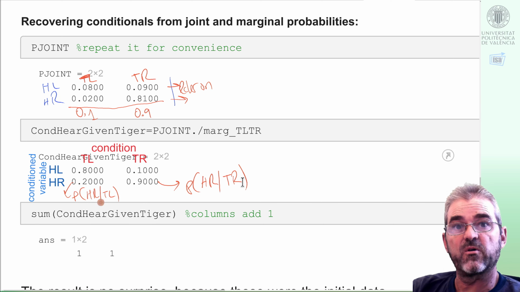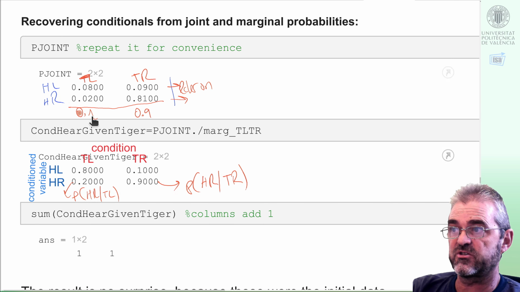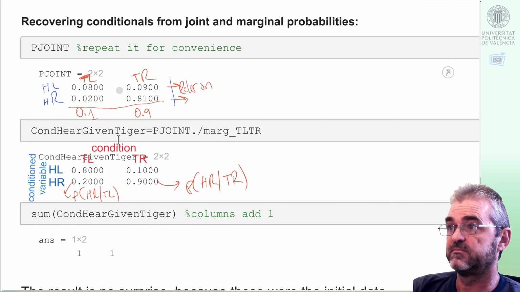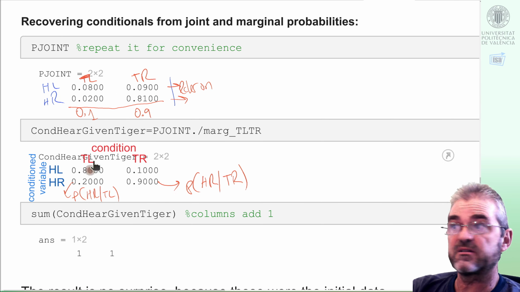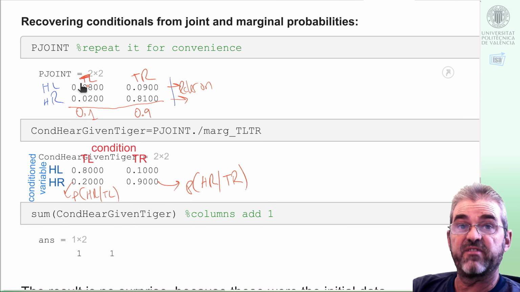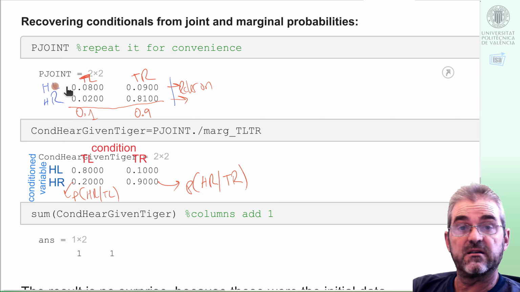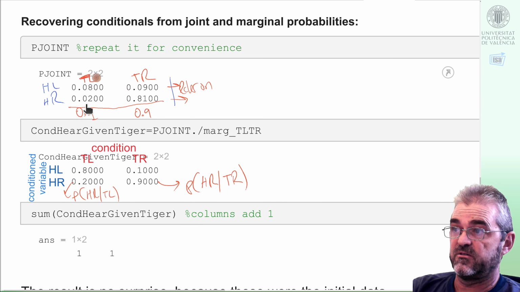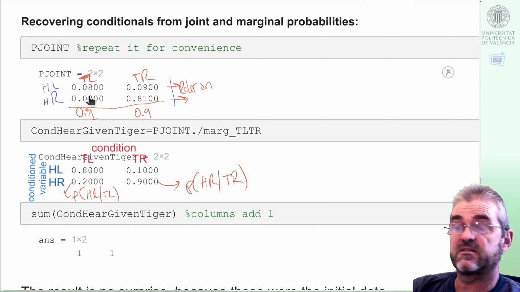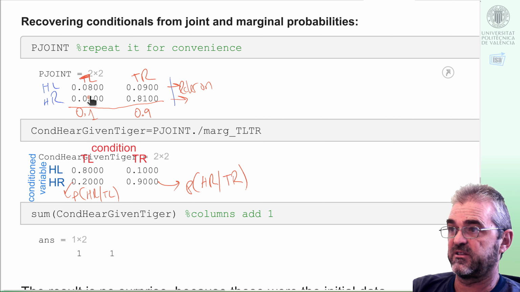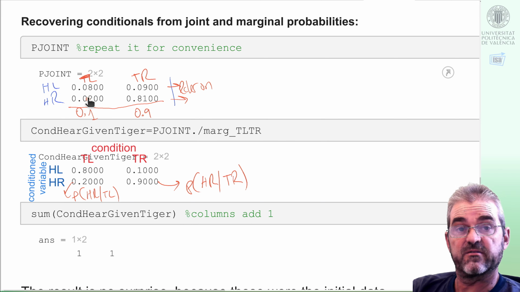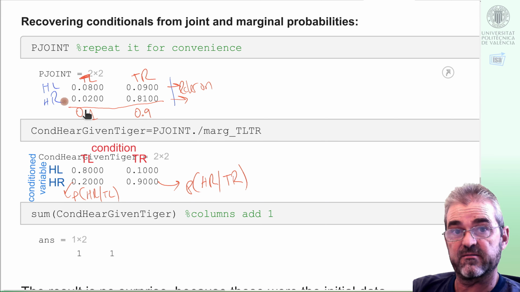But how do we assess this meaning from this joint table? Well, this 80% is the fraction of the events in which tiger is left and I hear left, divided by the total events in which the tiger is left. So 80% of the times tiger is left, I will hear left, and 20% of the times tiger is left, I will hear right.